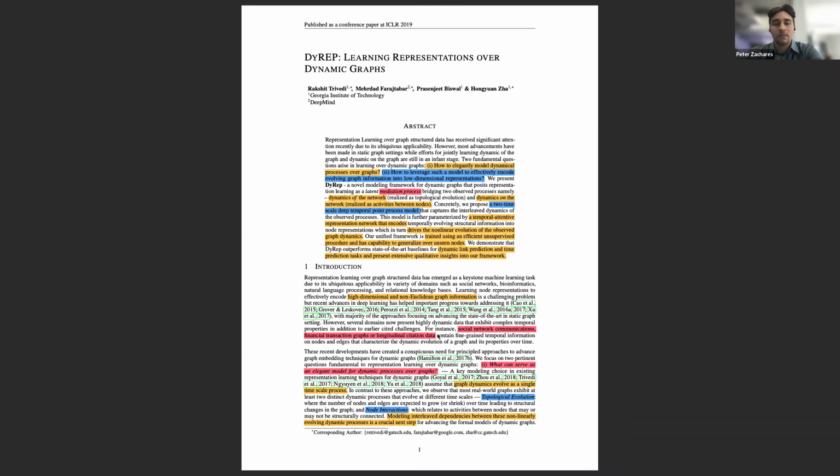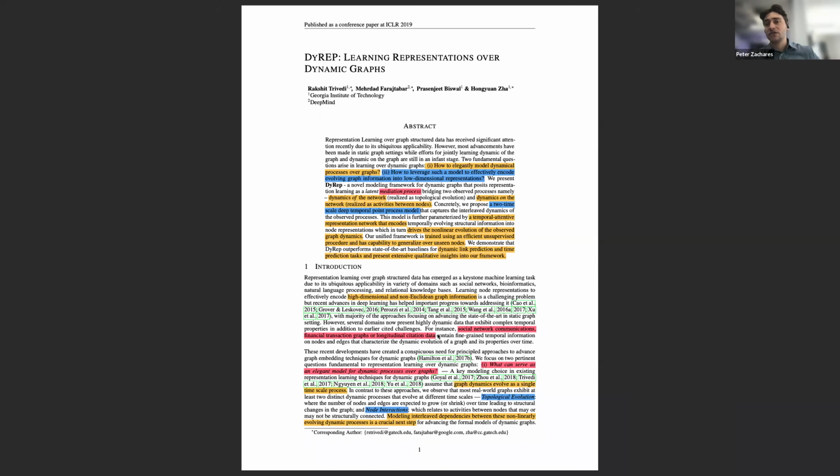The way that they describe a dynamic graph here is essentially you have an initial graph, which is a set of nodes and edges, and then over time, not with a fixed time step, you're going to get events, which are modifications to the graph, or something they call communications.